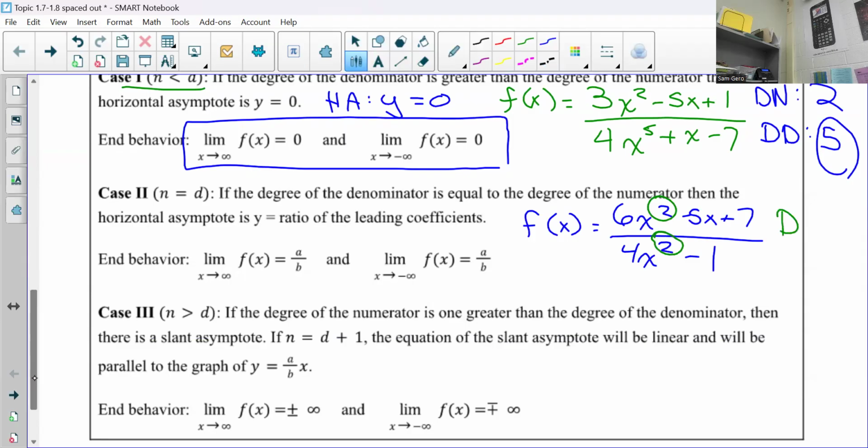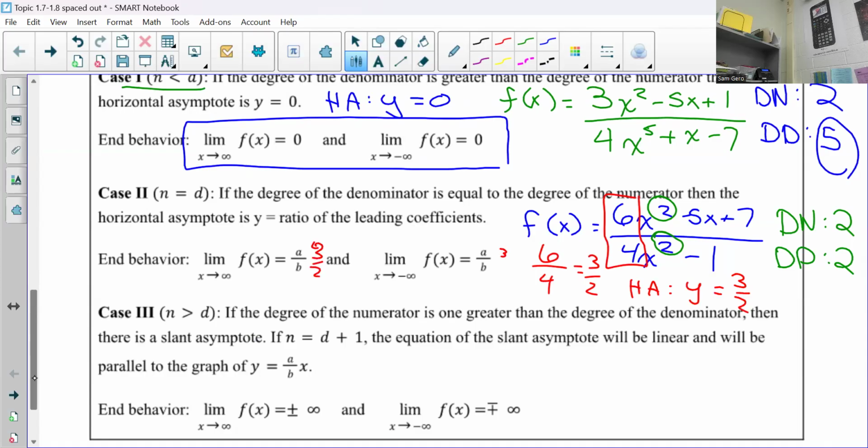The degree of the numerator is 2. The degree of the denominator is 2. They are the same, which means it is the ratio of the leading coefficients. That's these two. So it would be 6 over 4 or 3/2, which means the horizontal asymptote is y equals 3/2, which means when I write my limit to infinity, this would be 3 over 2, and negative infinity would also be 3 over 2. You're always simplifying your values.